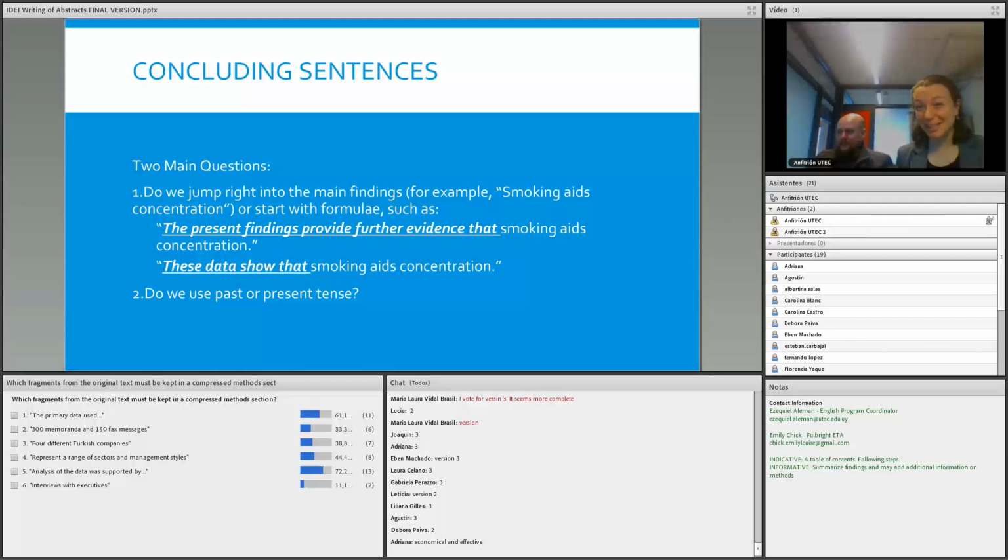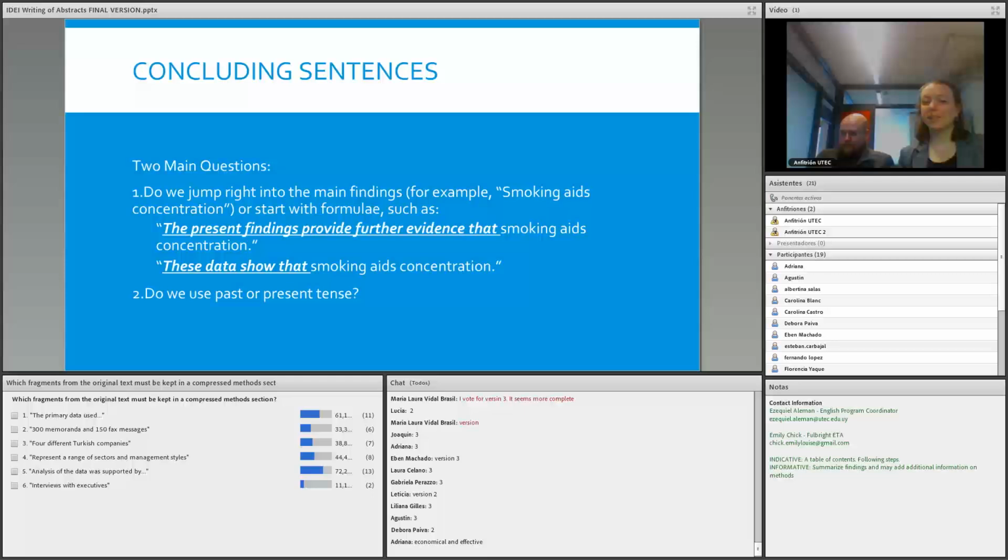Do you jump right into the main findings, saying things like smoking aids concentration, or do you start with a formulae, some sort of reporting that leads into your findings, like the present findings provide further evidence, or these data show? And the second question is about the tense you use. Should it be in past or in present?